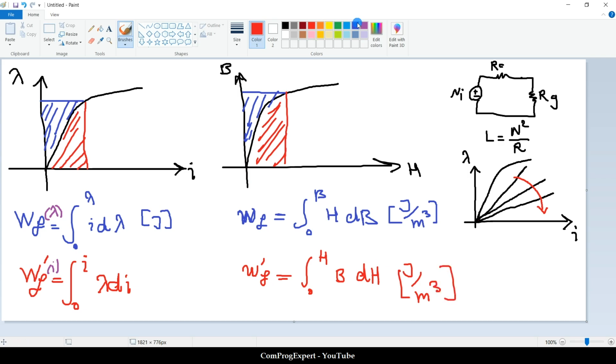Again, this is a function of B, and this is a function of H. Four important equations that we have in this chapter. Okay, four important equations: energy, co-energy, energy density, co-energy density, flux linkage, current, flux density, magnetic field intensity.